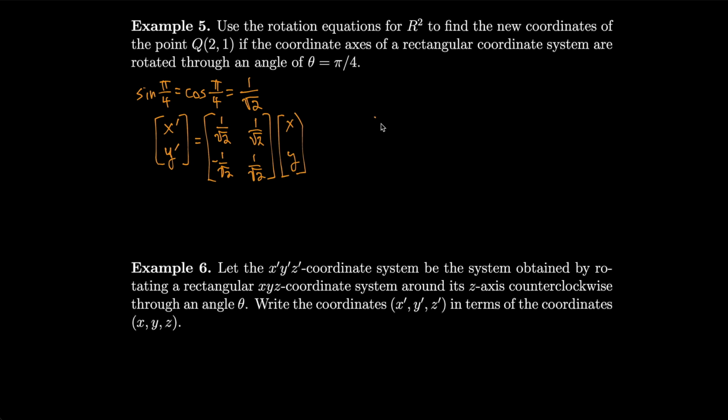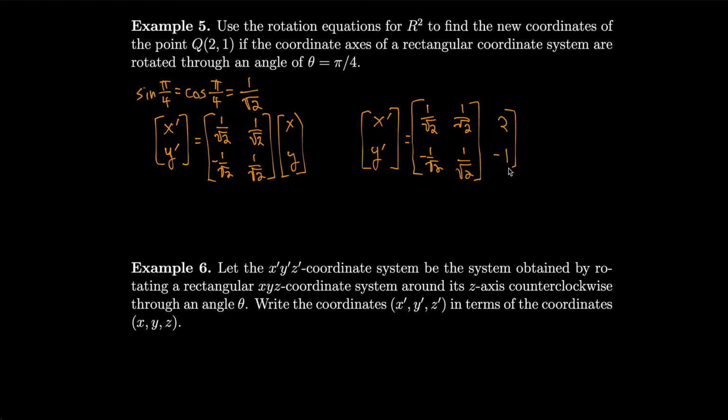And I'll have (x', y') equal to, in this case, [1/√2, -1/√2; 1/√2, 1/√2] times the point they want us to look at, (2, -1), just replacing that for (x, y) now that I have my formula.